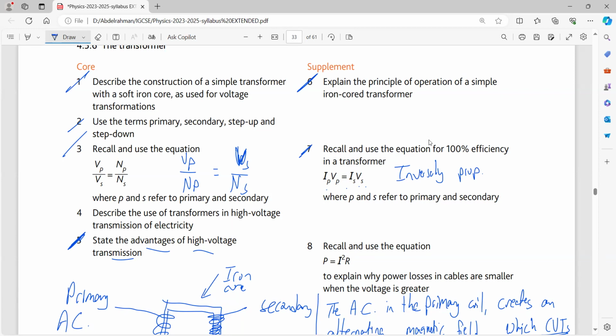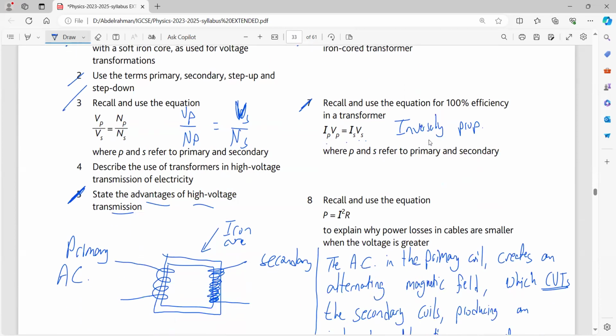Why? When the current decreases, the heating effect in the wire decreases. And the power losses in the cables are smaller. Again, when the voltage increases, the current decreases.